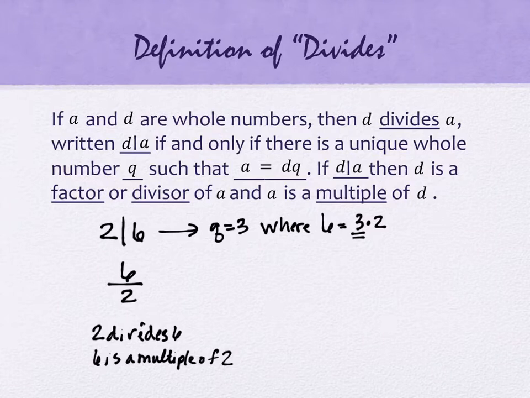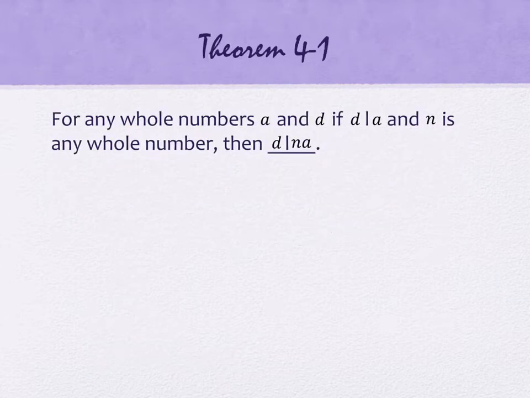We're going to start out with some properties that feel a little bit abstract, and then we'll get to some very straightforward ones dealing with numbers today as well. The first one says that for any whole numbers A and D, if D divides A, like 2 divides 6, and N is any whole number, then D divides NA.